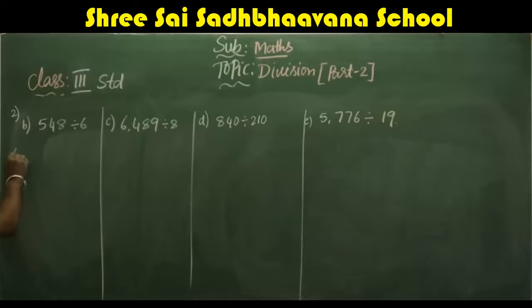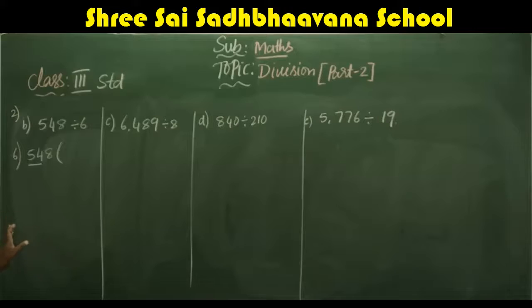Here you will get the remainder, I think, let me see. By 6 you divide 548. Grouping, because the first digit cannot be divided by 6, so you group 54.